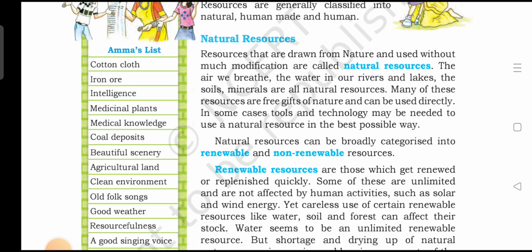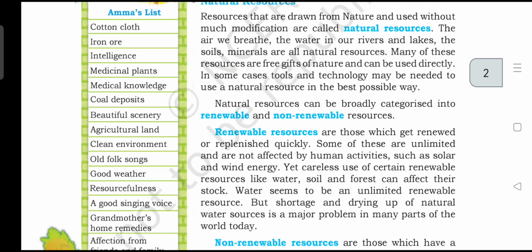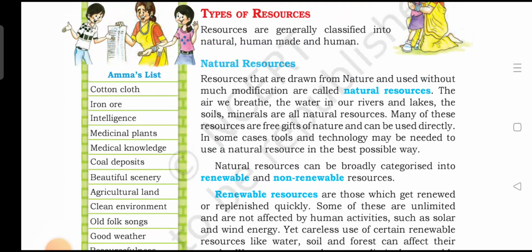Drawn from nature means they are taken from nature only, with no modification. Modification is something different: you mix something with it and make an innovative product. Natural resources are drawn from nature only. We directly take them and use them.